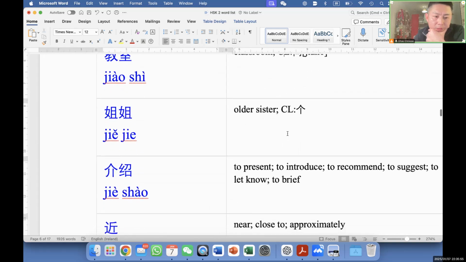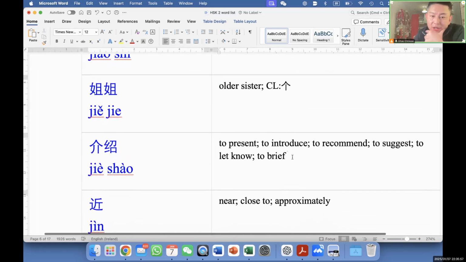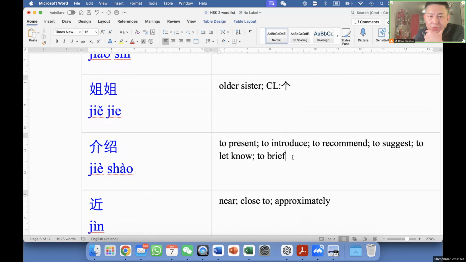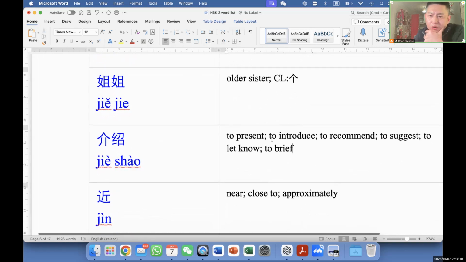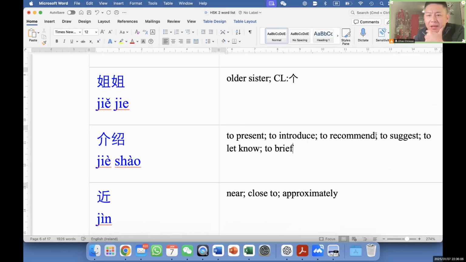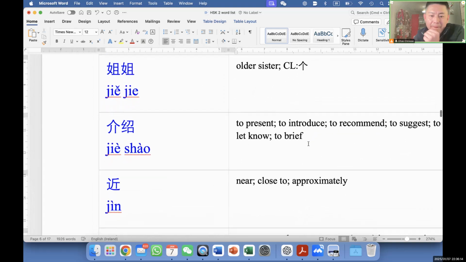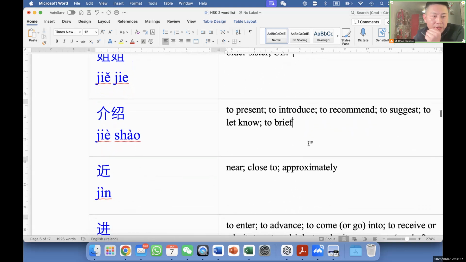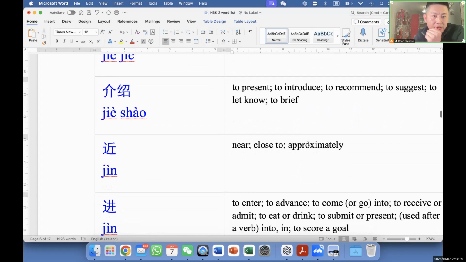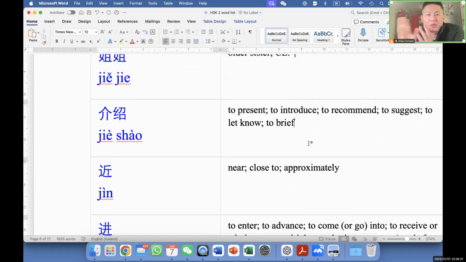姐姐, no problem. 介绍, to introduce, to recommend. Now, introduce and recommend are two different things in English, but you understand the connection, right? Or to suggest, to let know, to brief. To introduce somebody to you, introduce a girlfriend to you, 我给你介绍一个女朋友.